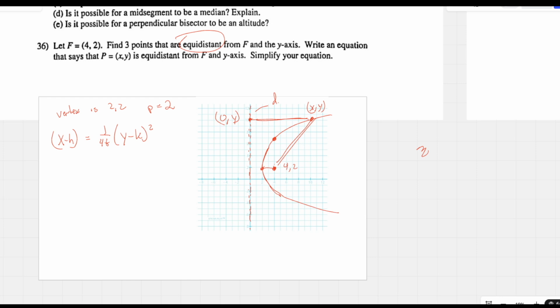Get an expression for those distances and set them equal. But I'm going to use this. So h and k are my vertex. So it's x minus 2 and p is 2. That's 1 over 8. And I don't even have to FOIL this. I can just leave it like that.